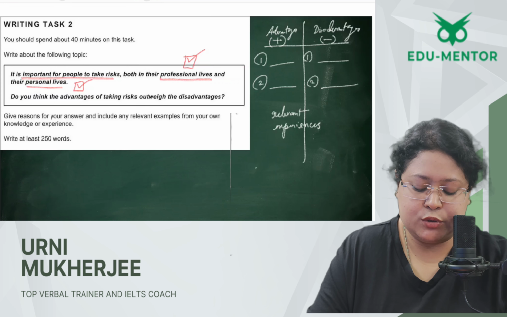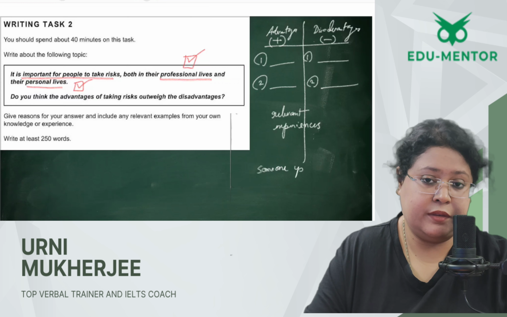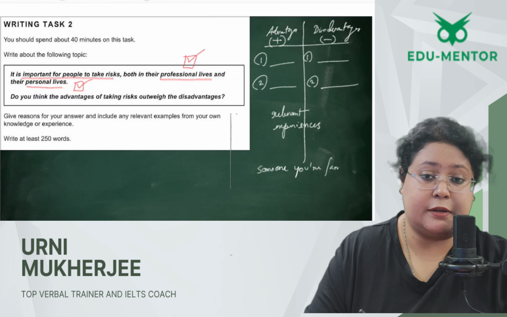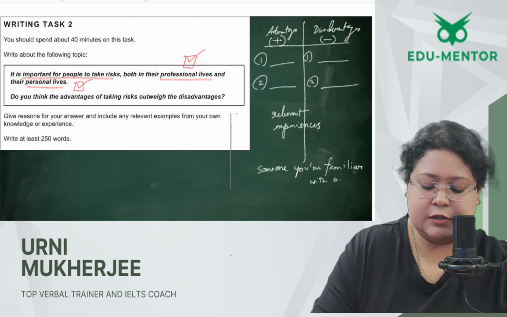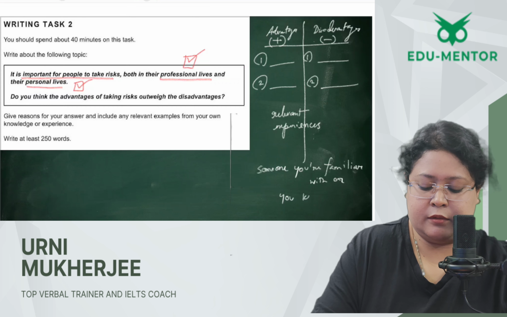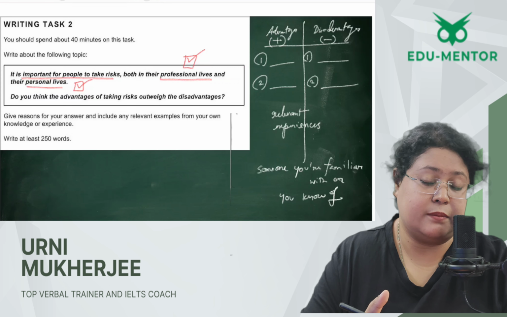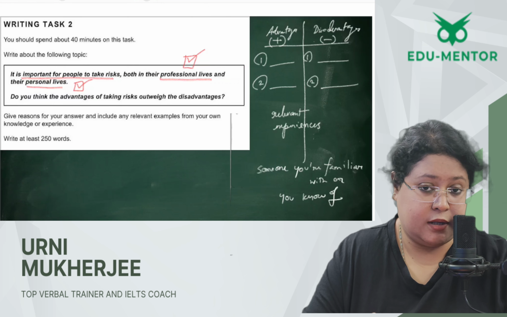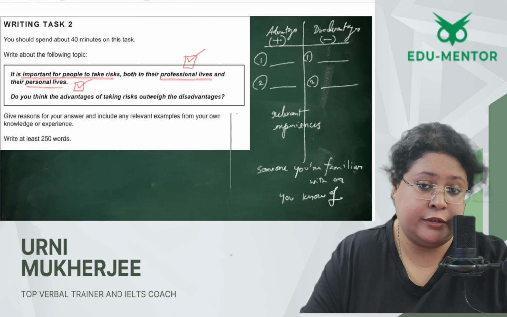You just have to pose if taking risks would be worth it in certain situations, and how in certain situations it might not. So you can give situational differences. Situational differences would mean that there are certain cases where taking risks might mean that you're progressing, that you're developing yourself, stepping out of your comfort zone to learn, to grow.